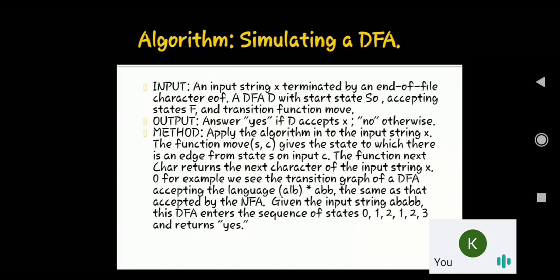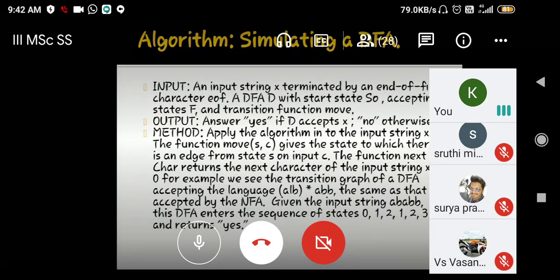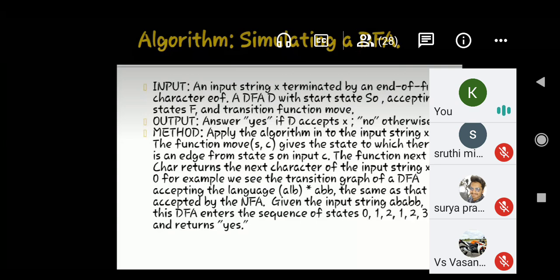That's why we call it a finite automaton. To denote the end of the file, after recognizing the strings we have to stop the working of that finite automaton. So here we use the end of file character to denote the end of processing.